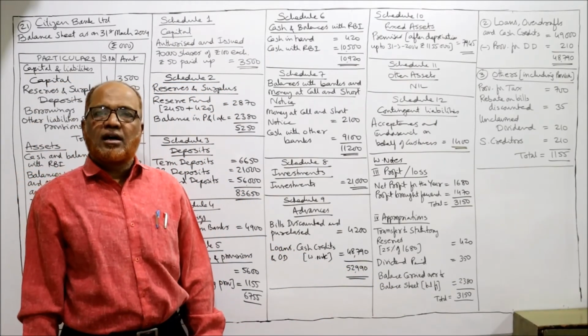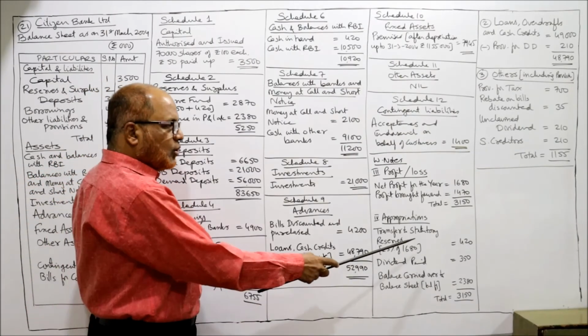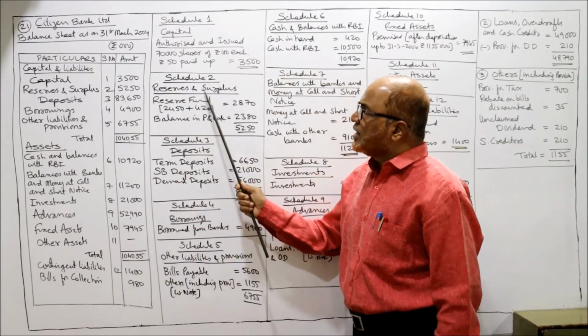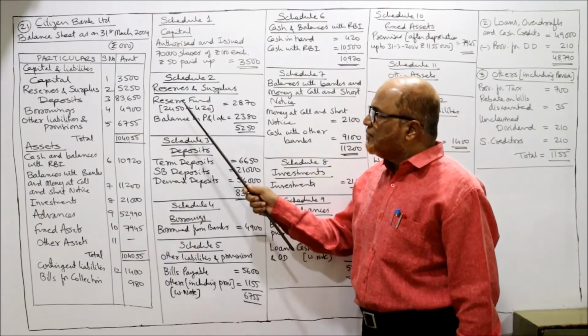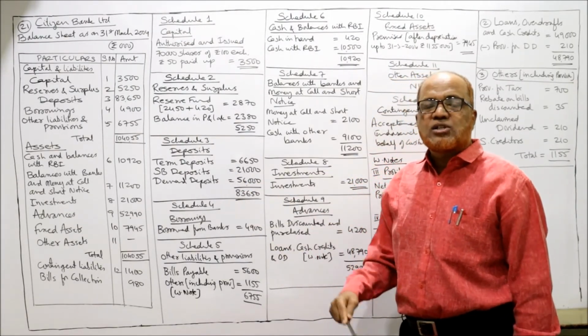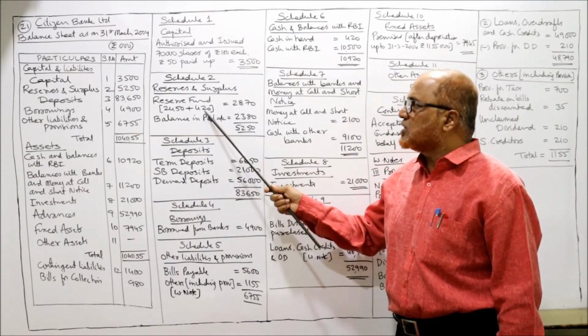This should be taken in reserves and surplus. The balance transferred to statutory reserve is 420. Now you can see here reserves and surplus. Reserve fund: already there is 2450 in reserve, that is given in the problem, and from current year's profit we have transferred 420.